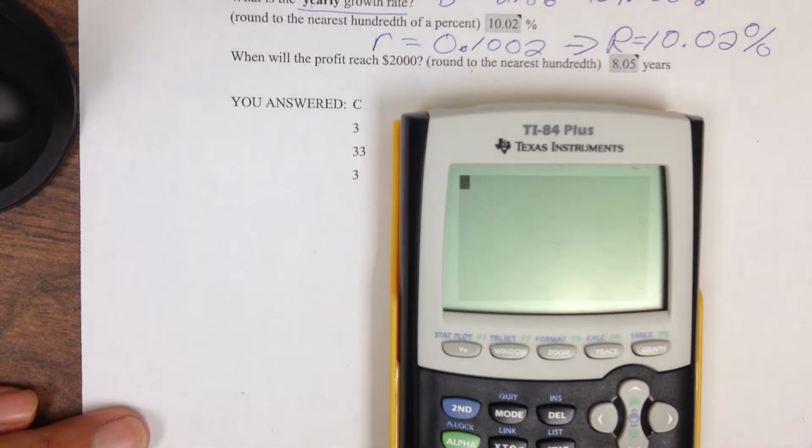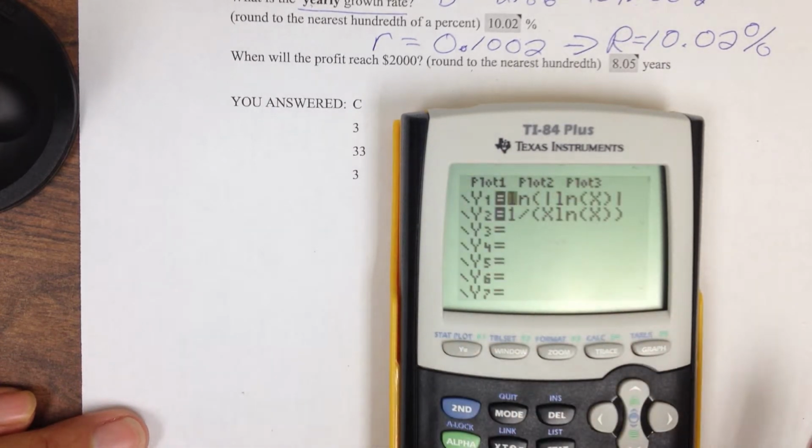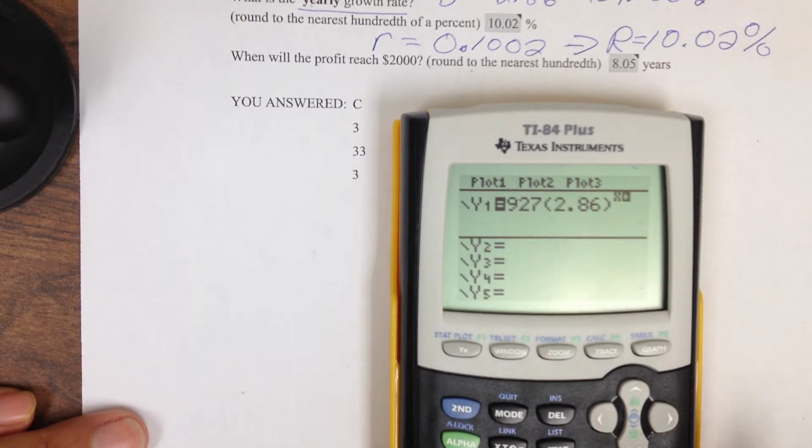I'm going to use the exact format because it's the exact format. Always better to have it perfect. So I have my output equals 927 times 2.86 raised to the input variable over 11. So this is my function.